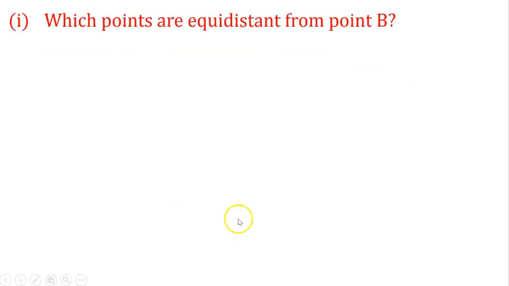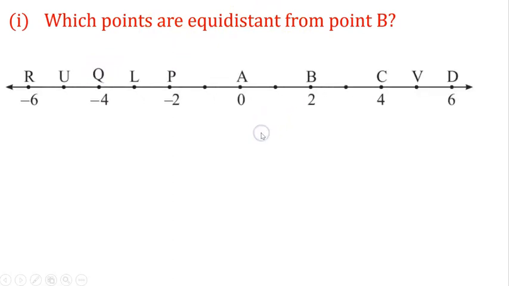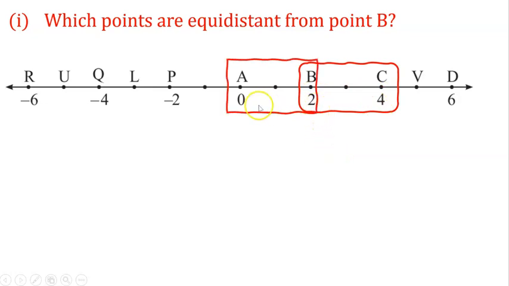Now the first question: which points are equidistant from the point B? Now see here, on the number line, the point C is at a distance of 2 from B. At the same time, the point A is at a distance of 2 units from the point B, and therefore A and C are equidistant from the point B. Again, is there any point?